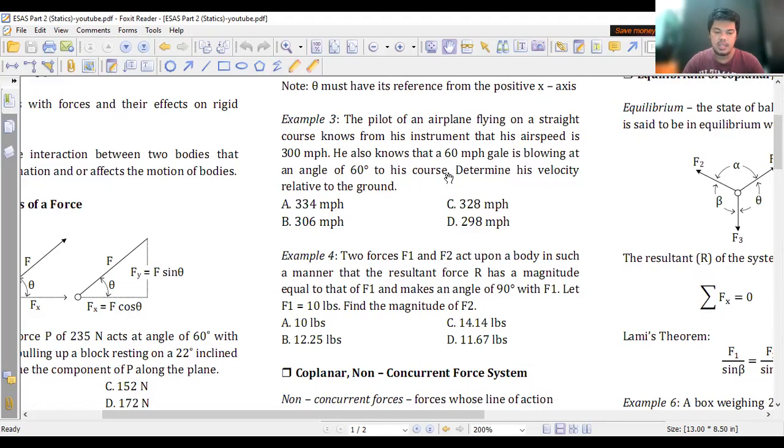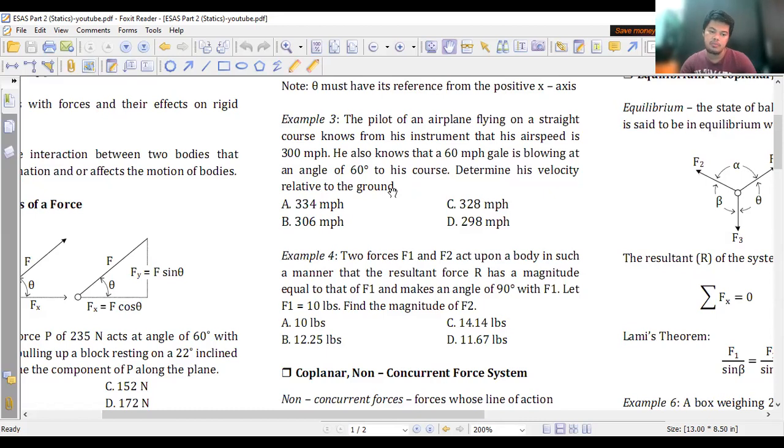Again, take note of the data. You have there the plane, and then you have the strong wind blowing at 60 miles per hour. We need to determine the velocity of the plane relative to the ground.